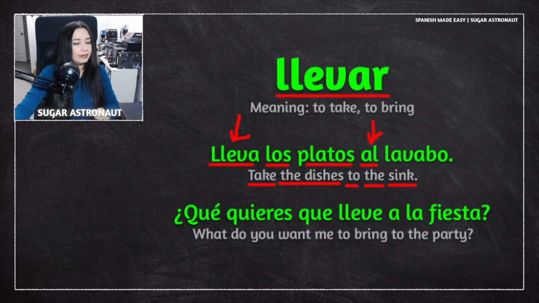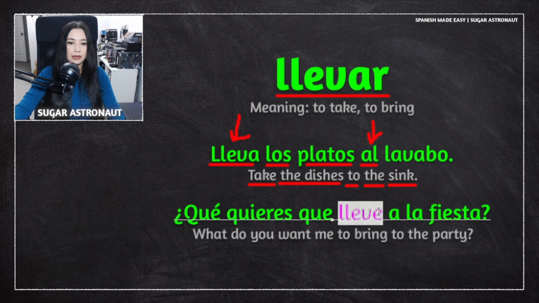So we're talking about bringing something to a place. So llevar is also commonly used if you want to say to bring something to a place. Also, you can use traer, the other verb that I was talking about a few minutes ago. ¿Qué quieres que traiga a la fiesta?